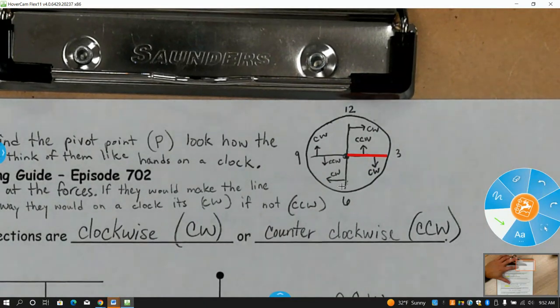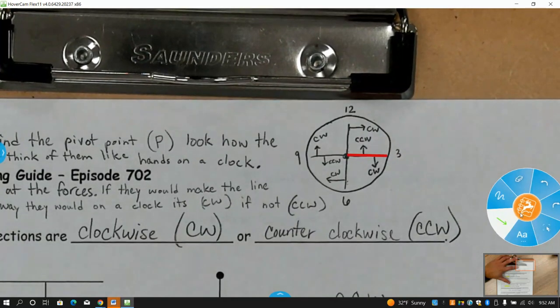Is that the way that time actually moves? Yes. So that is why this one is a clockwise force. The force on this side, if it were going upward, would be trying to push the 3 o'clock hand to 2, to 1, to 12. Time does not move that way, so we would say it is counterclockwise. What if you had this right here?